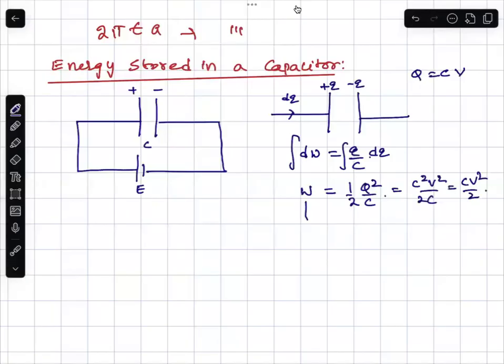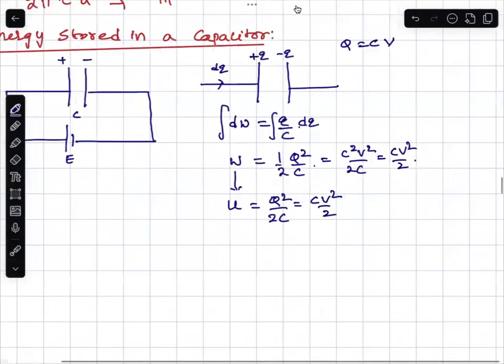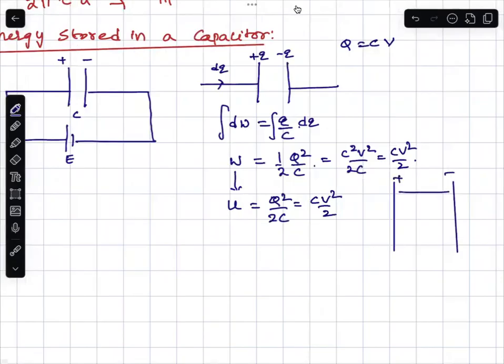Remember, this is stored in the capacitor in the form of potential energy, and actually that energy will be electric field energy. You have the plates like this, positive plate, negative plate, you will have electric field like this. So this energy is stored between the plates in the form of electric field energy.